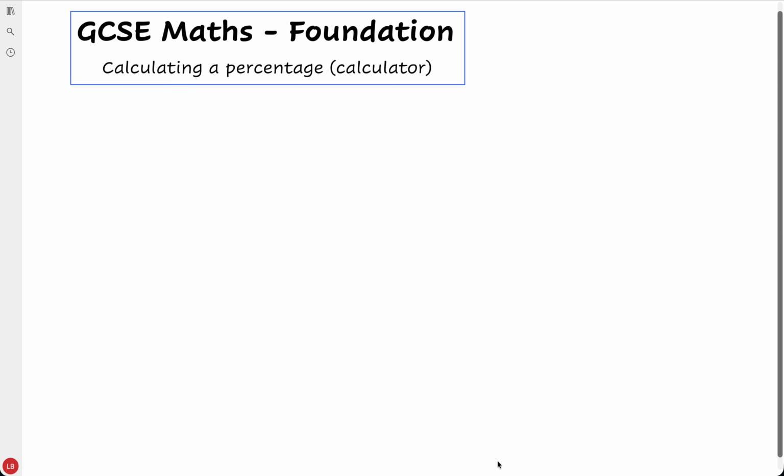So they would expect a percentage question with a calculator to maybe take 2 minutes. If you spend 5 minutes on a non-calculator method, then you're just robbing yourself of time for some of those later questions that are a little bit trickier. So if you've got a calculator on a calculator paper, use your calculator.